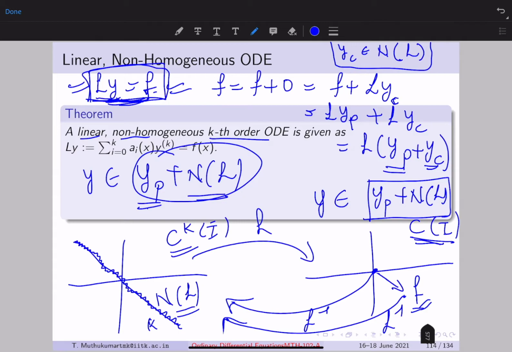For 0, you had the null space. When you take any point f, its corresponding set is you translate this set with yp plus null space. So it's some set like this.